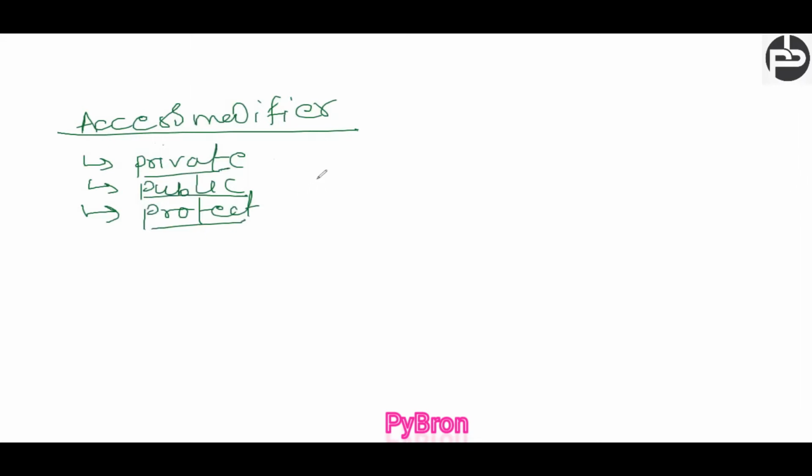If you define a variable like this, it is considered public by default. If you define a variable with a double underscore, it is considered private. If you define a variable with one underscore, it is considered protected. So let's see how to develop these things with the help of programming.